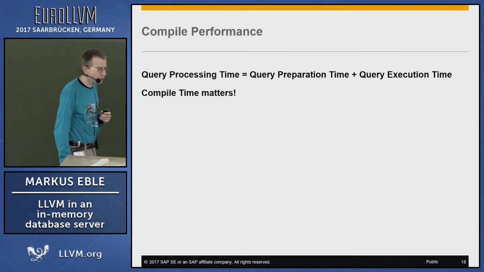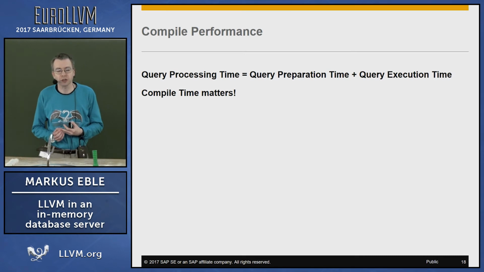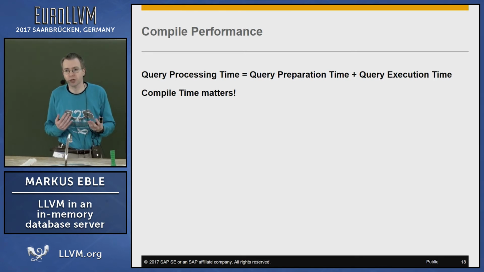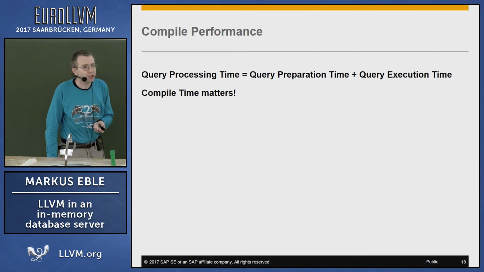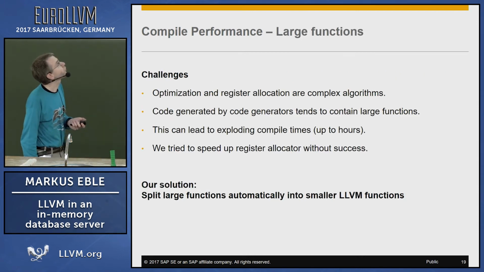Okay, the third big issue we are fighting with is compile time. If you have queries and you want to compile them on the fly, for the query execution, both matter, the preparation time and the execution time. So we really have to look at how large our compile times are. We had two kinds of issues. One is dealing with large functions.